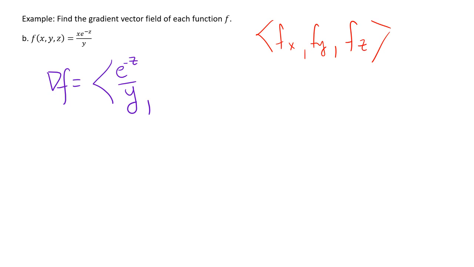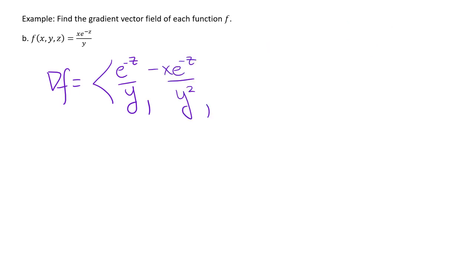So in this case, let's see, my function is x e to the negative z divided by y. So derivative with respect to x is e to the negative z divided by y. Derivative with respect to y would be negative x e to the negative z over y squared, right? That's like a y to the negative 1, so negative y to the negative 2.